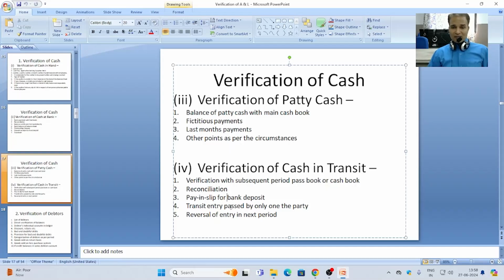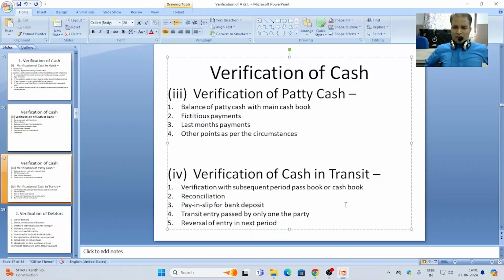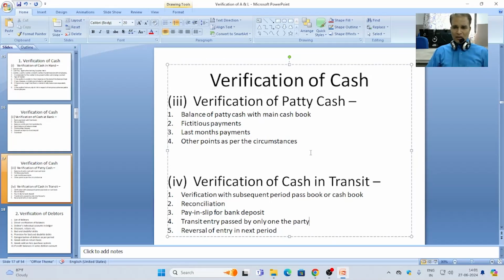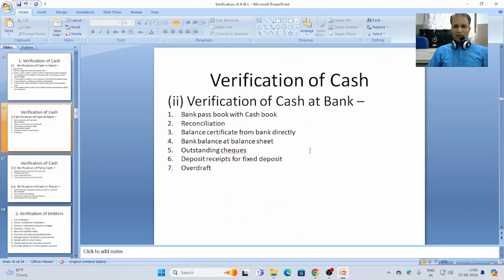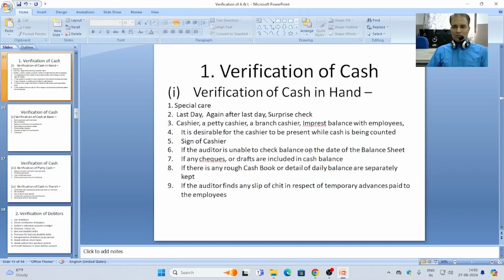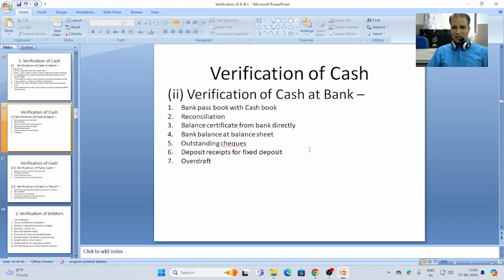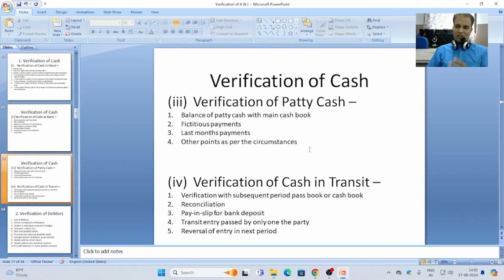He has to check that the cash in transit entry is passed by only one party, and in the next period it should be checked that the reversal of this entry is there. So by following these points, an auditor can verify cash in terms of cash in hand, cash at bank, petty cash and cash in transit.